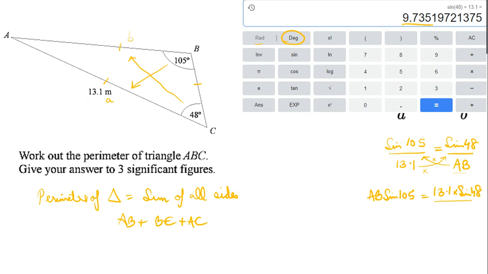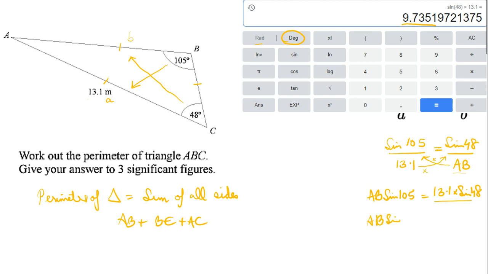That gives me 9.73519, and so on. It's always best practice, while you're still solving the problem, to take 3 to 4 decimal places instead of rounding off to one or two. You do that in the end when you're done with the problem, but meanwhile, just do it to 3 to 4 decimal places.